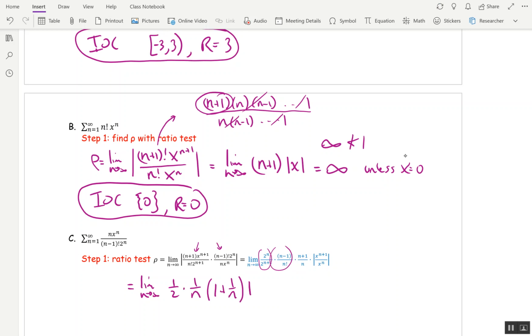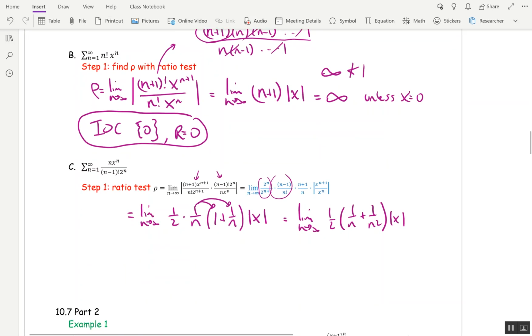And finally, the absolute value of x. All right, let me distribute that 1 over n in there. Limit n goes to infinity of 1/2, 1 over n plus 1 over n squared times the absolute value of x. And that limit is 0 for all x.